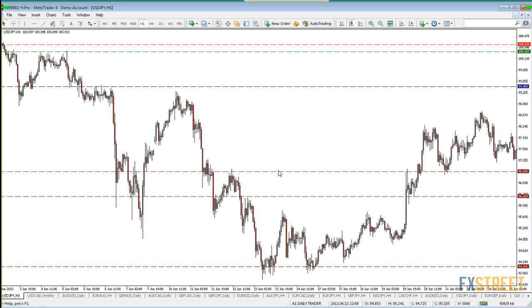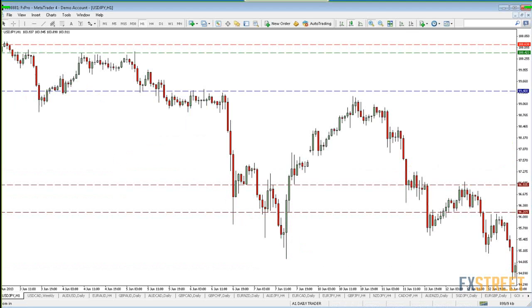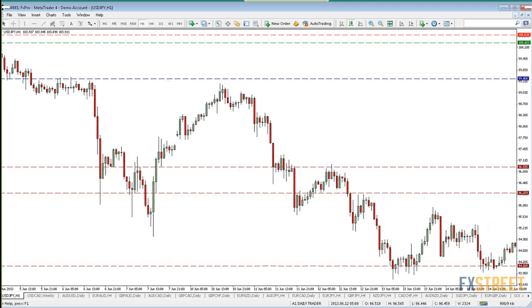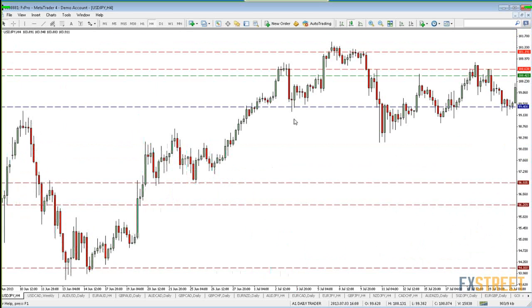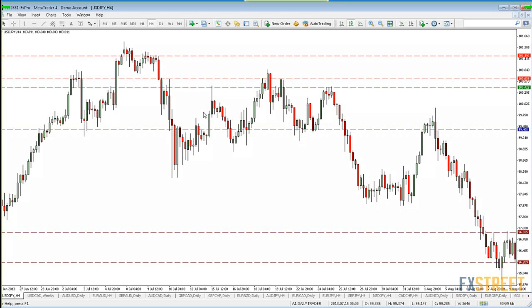Okay, so let me focus in on June 13th. All right, right here. You know what? This would almost make a better 4-hour trade. Let's look at the 4-hour actually, because there's just too much noise.